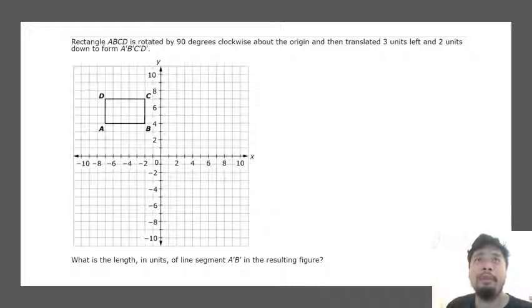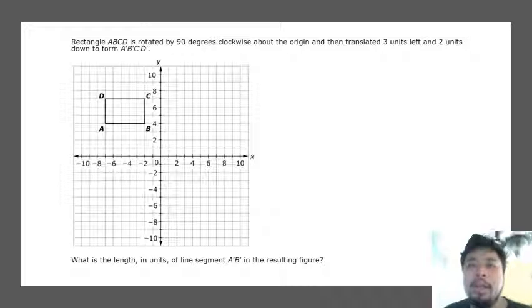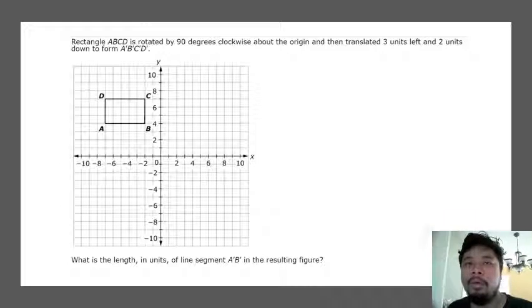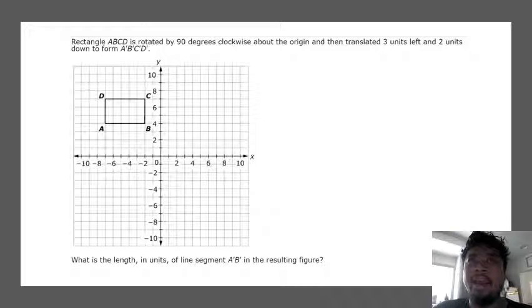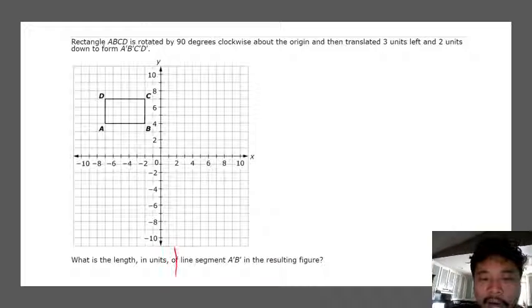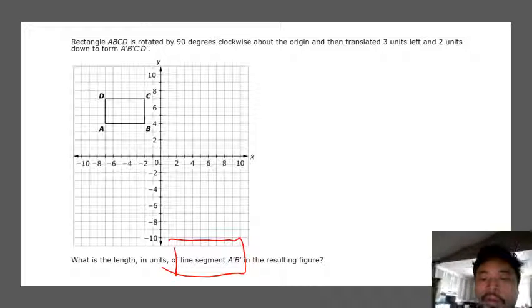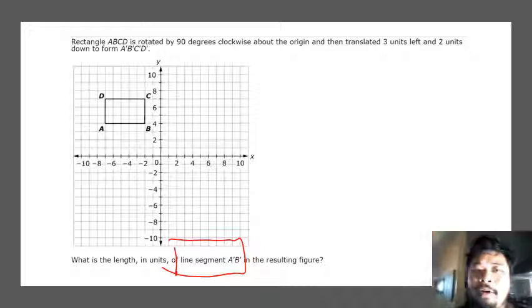Now, before you start freaking out and say, oh no, Mr. Ooey, I don't remember the rules for rotation, keep in mind what I told you in terms of remembering to answer what they're trying to ask in the question. So I'm boxing up what they're trying to ask you here. They're just asking for one piece of information, and it's the line segment of the brand new figure that matches up to AB.